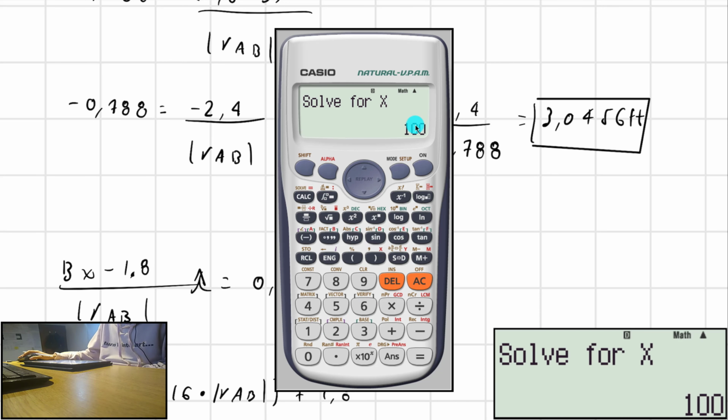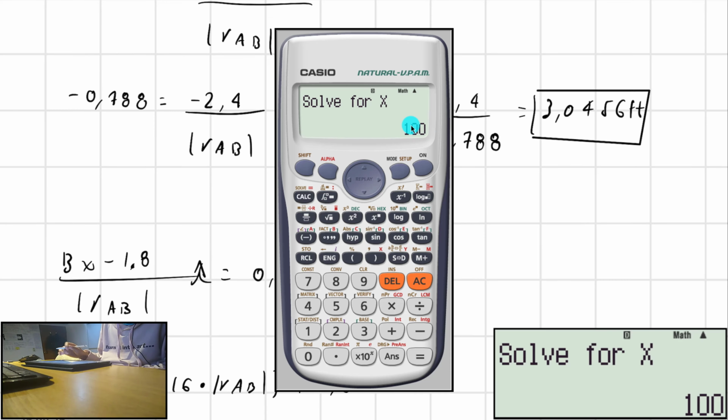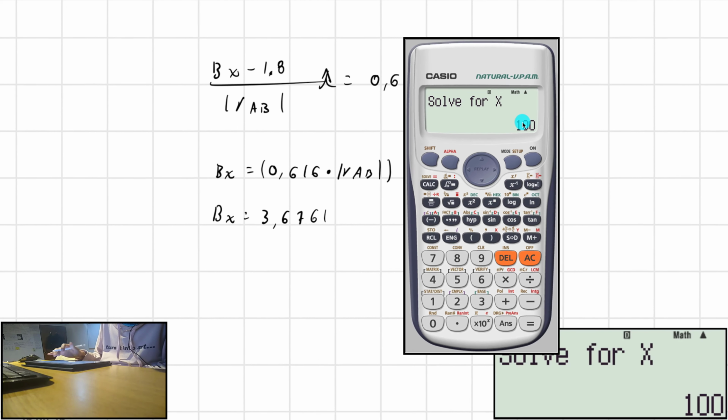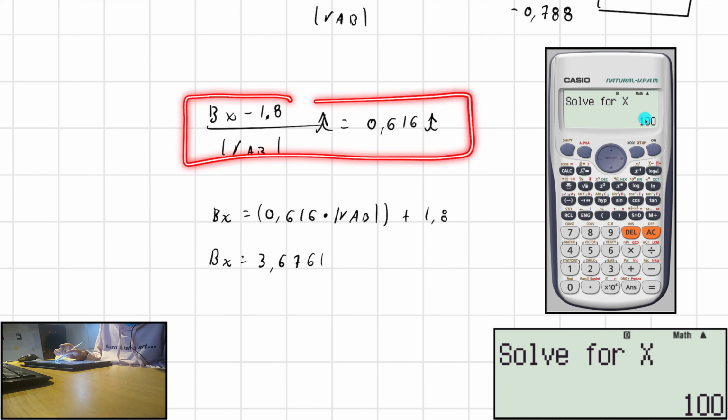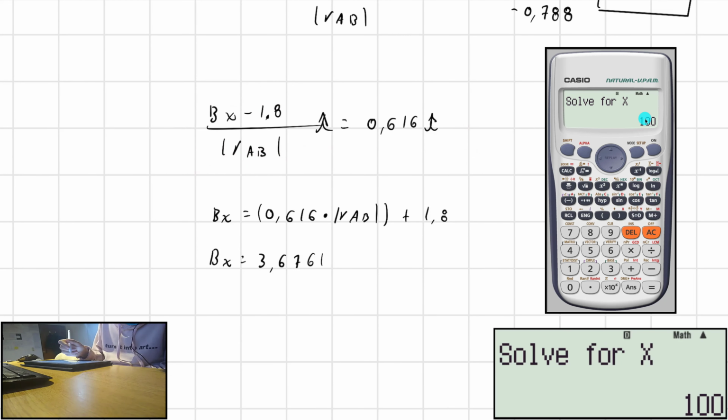What the calculator does is an iteration, so it just tries to find the number that meets this requirement. So the calculator is going to try with 1. Okay, this is not true, this is not equal. Okay, I'm going to try with 2, with 3. That's an iteration.